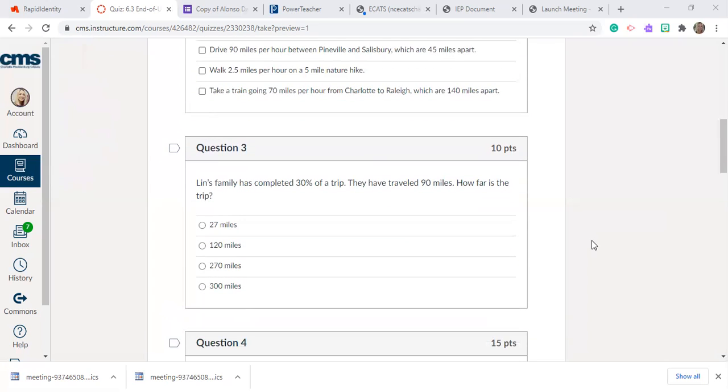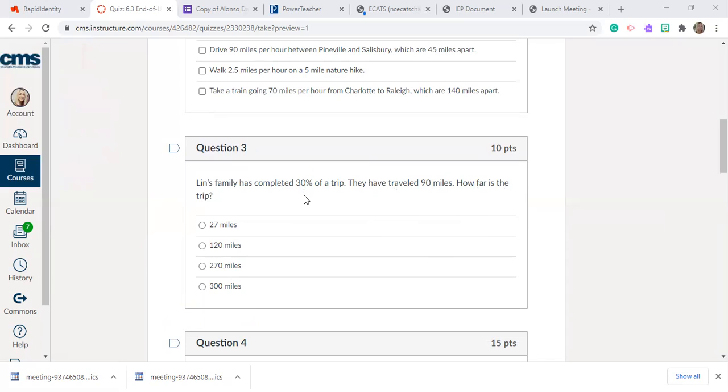Question number 3. Lynn's family has completed 30% of a trip. They have traveled 90 miles. How far is the trip? So the question is asking, how far is the total trip if so far they've traveled 90 miles and that represents 30% of the trip?